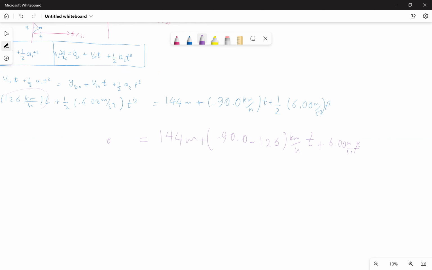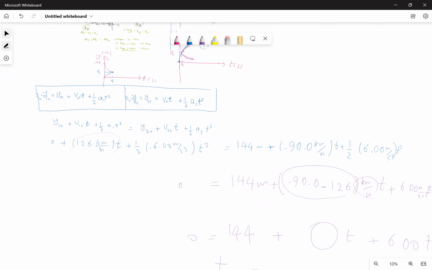Okay, so what you end up with is that you add up these two numbers. You will have 144 plus whatever this number is, converted to meters per second, times t, plus 6.00 t squared. If you have everything in SI, you solve this quadratic equation, and you will get the collision time, tC.